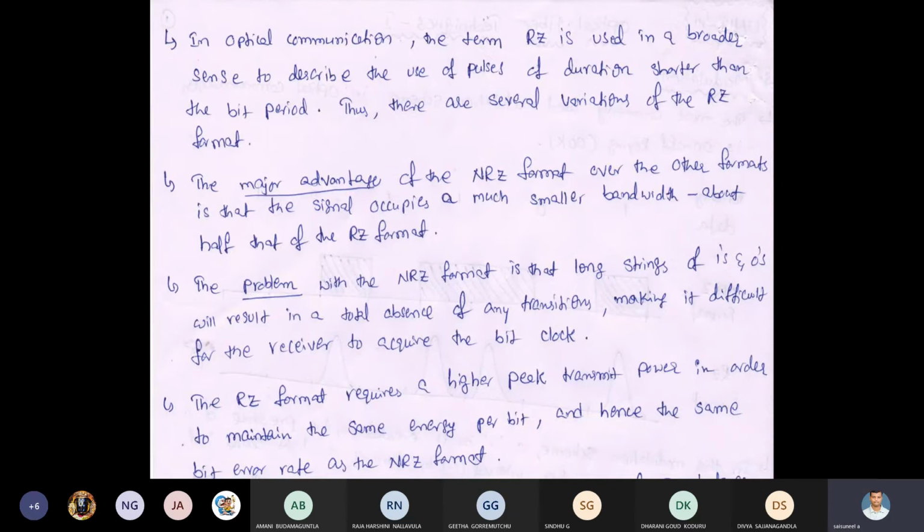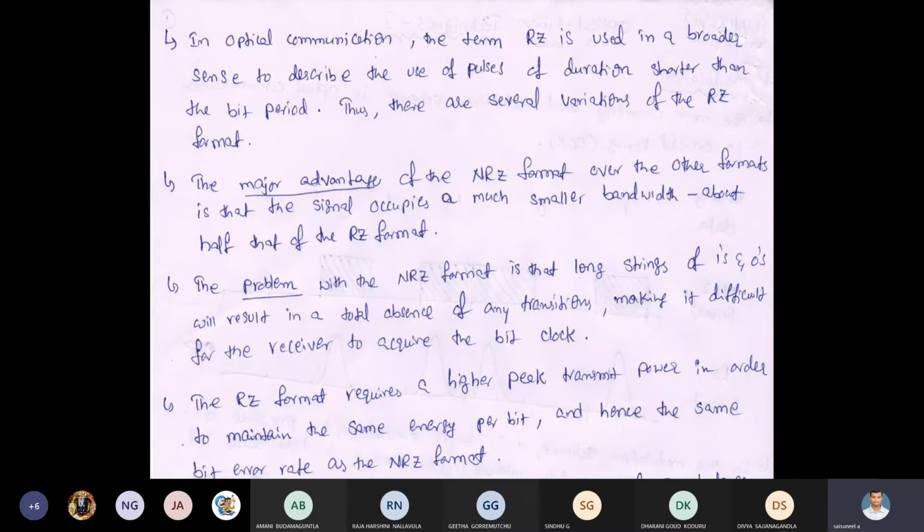Here, what are the advantages and disadvantages of these signal formats, that is non-return to zero and return to zero formats? The major advantage of the non-return to zero format is that it occupies the full time interval.